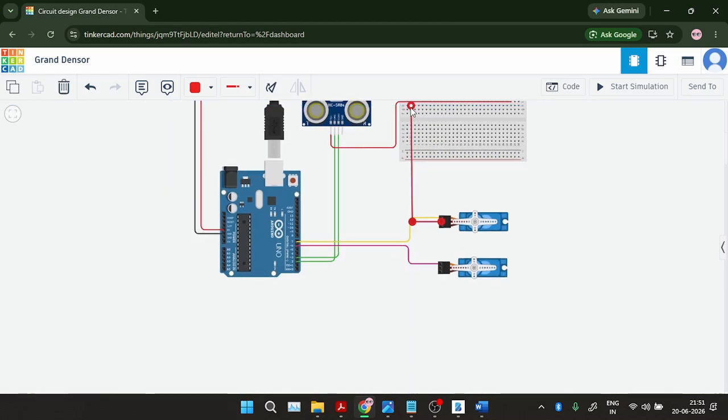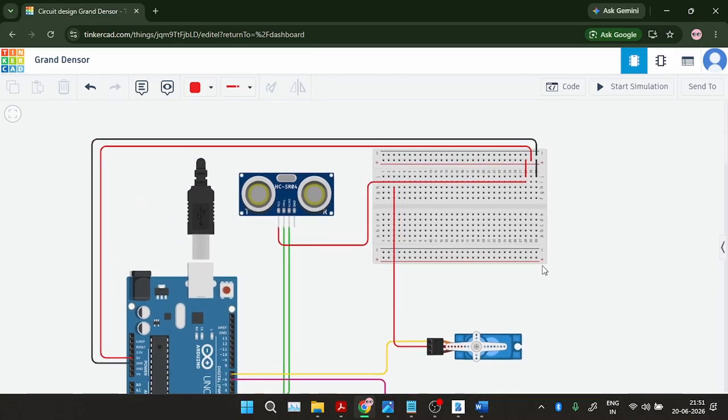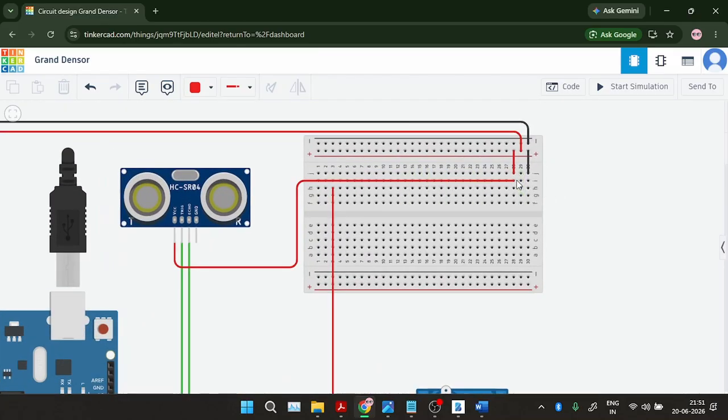It should be connected here, or else I will go one point this way, no, that should not get here. This has to be connected here itself.